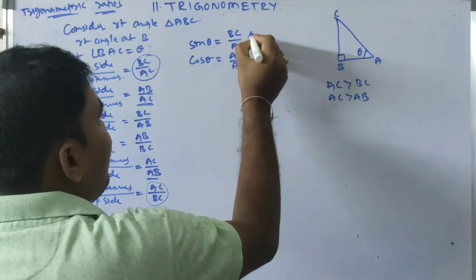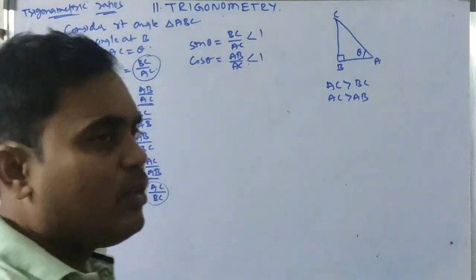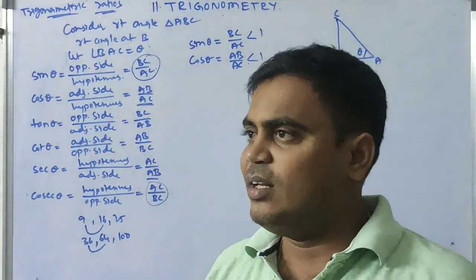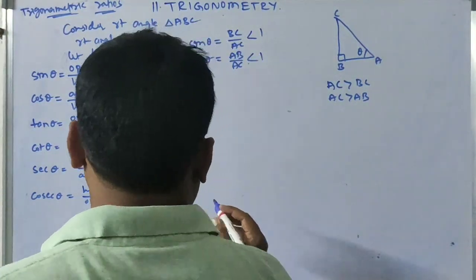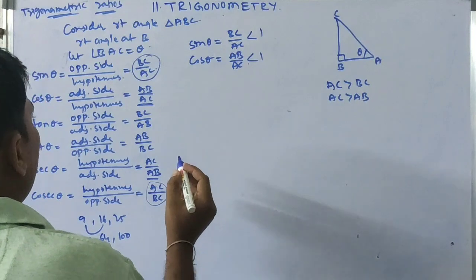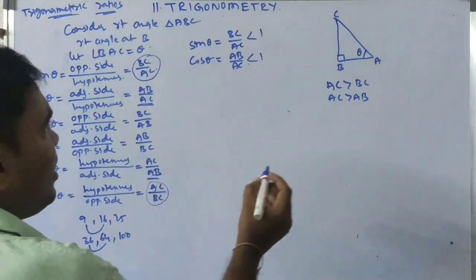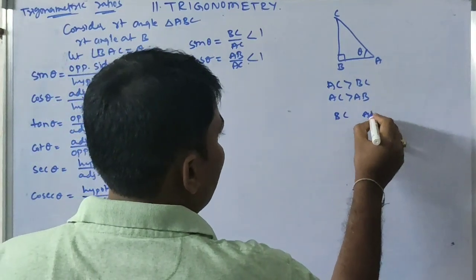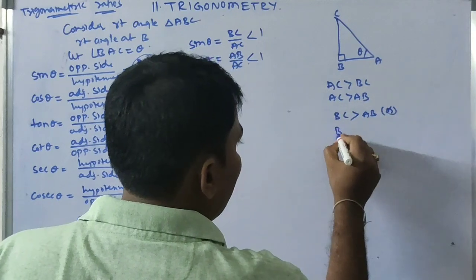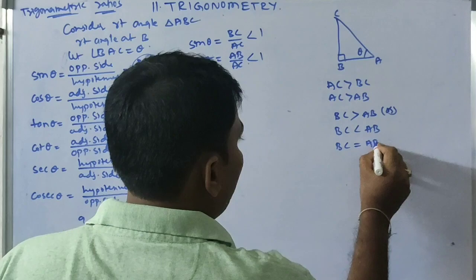So the ratio should be less than 1. So sin theta and cos theta are always less than 1, so this should be a proper fraction. If we compare BC and AB, BC may be greater, or BC may be less than AB, or BC may be equal to AB.